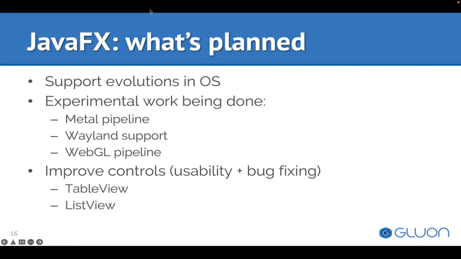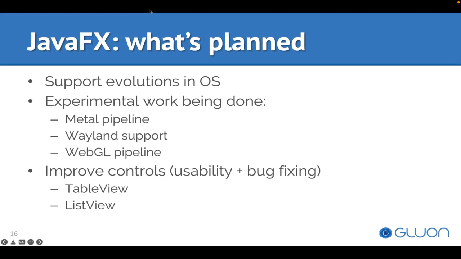So let's quickly talk about what is planned in the future. Of course, and that is always an important goal in every release, we will keep supporting evolutions in operating systems. That actually means that whenever there's a new macOS version, we very often need to change a few things because we use the low-level Mac APIs. So that is ongoing work that's required in every version of JavaFX.